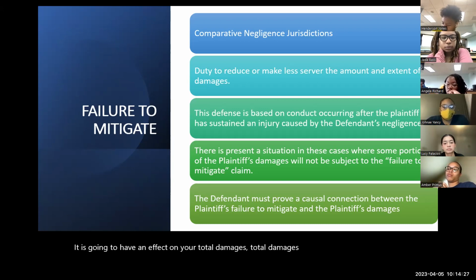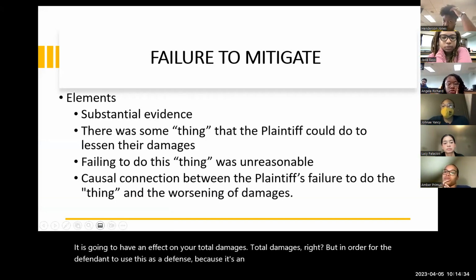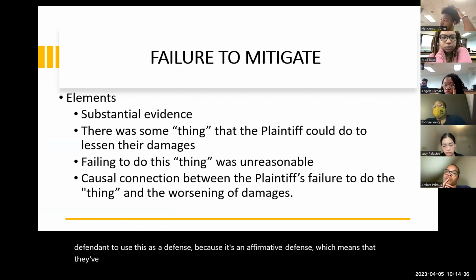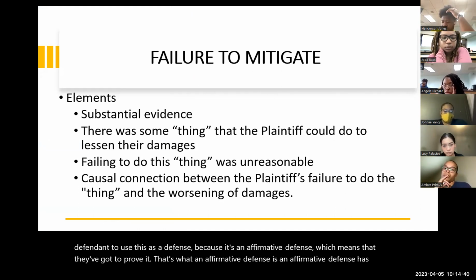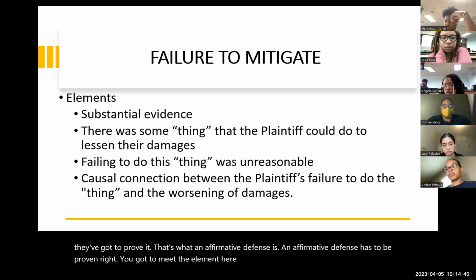But in order for the defendant to use this as a defense, because it's an affirmative defense, which means that they've got to prove it. That's what an affirmative defense is. An affirmative defense has to be proven, right? You got to meet the elements. Here are the elements for failure to mitigate.